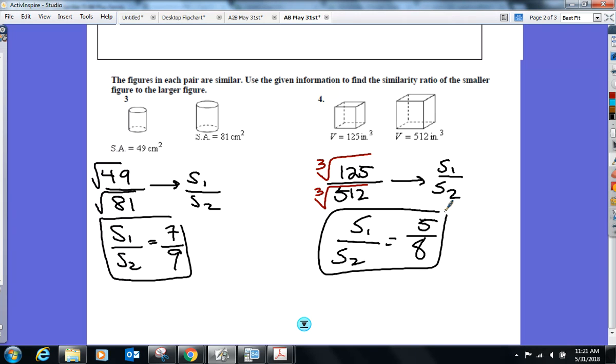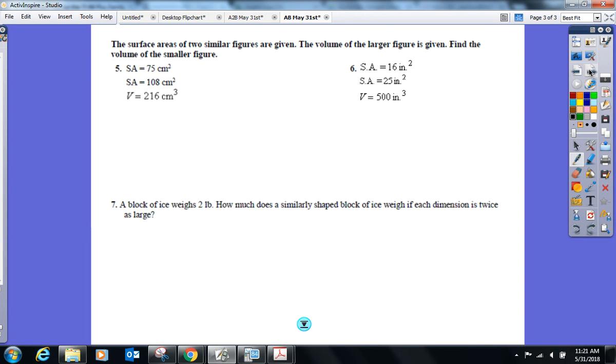Okay, everyone focus in here on these next two because this is where it gets a little hardcore today. On these next two, you're actually using these to set up your own ratio proportion to solve. All right, here you go. I'm going to give you the surface area of two figures and the volume of the larger one.